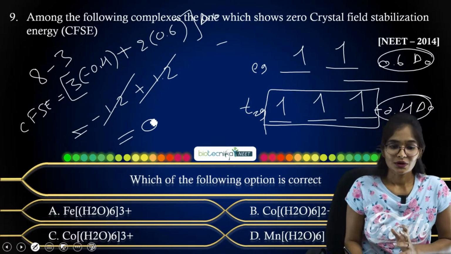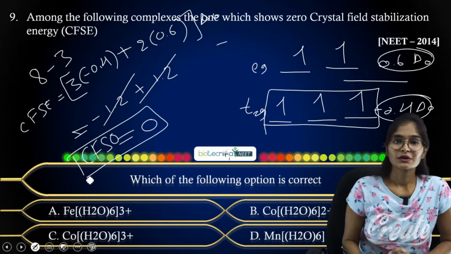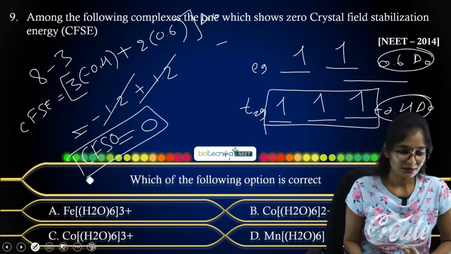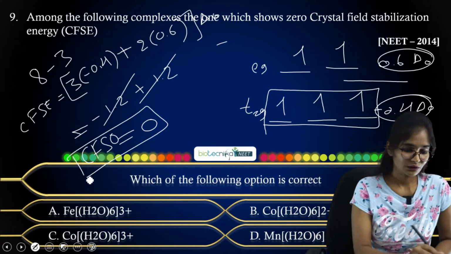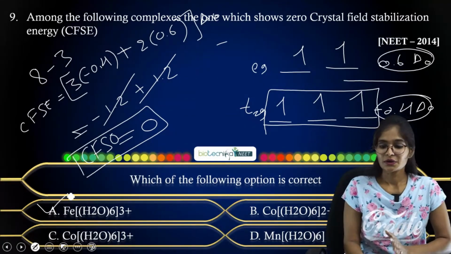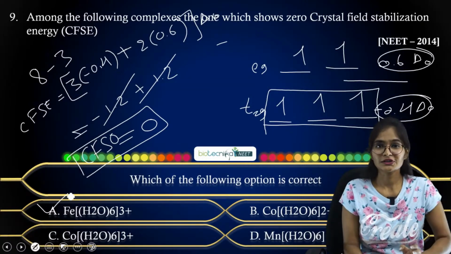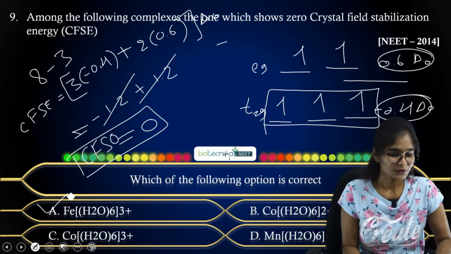So this is the CFSE calculation for the water complex of iron. The iron complex has the value 0. Like this you have to calculate for the remaining complexes also, and you will not get 0. So for this question the answer will be option A.